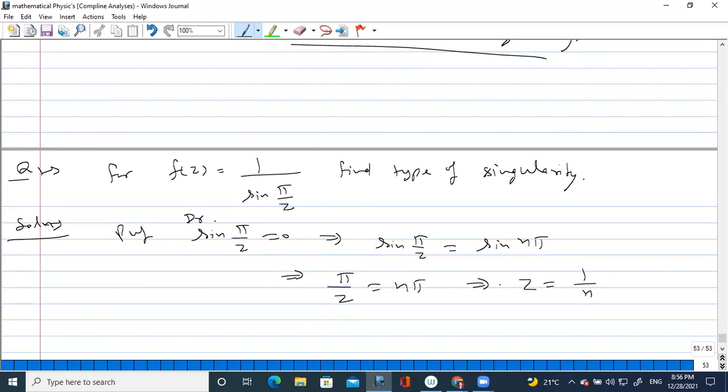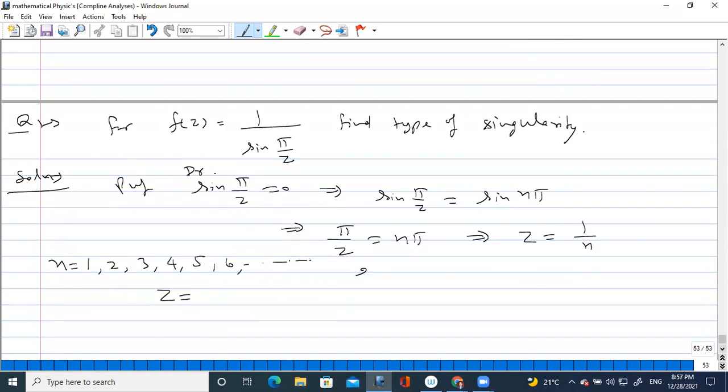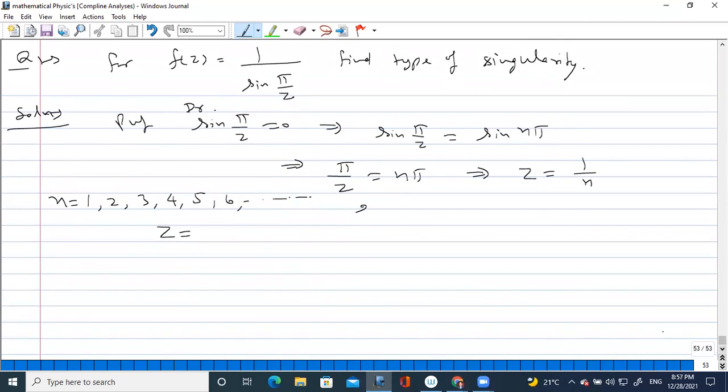Now n can be any number: 1, 2, 3, 4, 5, 6, like this, increasing. So there are so many singularities depending upon the n value. The singularities will be 1, 1 by 2, 1 by 3, 1 by 4, 1 by 5, 1 by 6, 1 by 7, 1 by 8, like this.